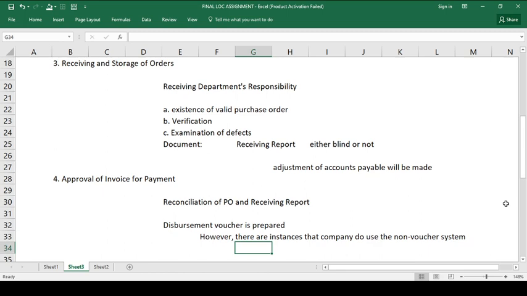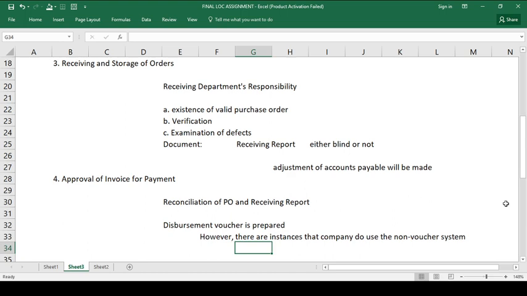But there are instances that companies are not using the voucher system. They use the non-voucher system. What is the difference between the voucher system and the non-voucher system? The voucher system requires the preparation of the disbursement voucher, and the disbursement voucher will be the document that supports that the disbursing department is authorized to prepare the check.